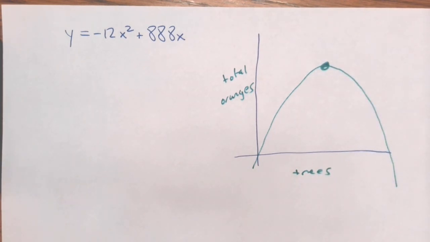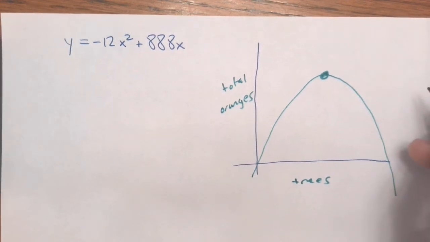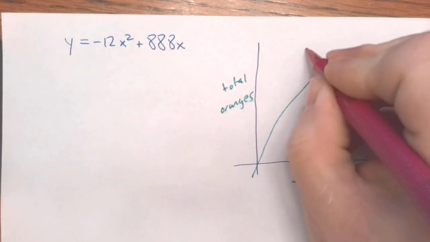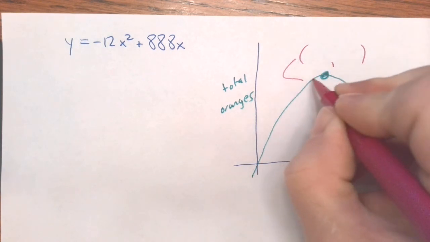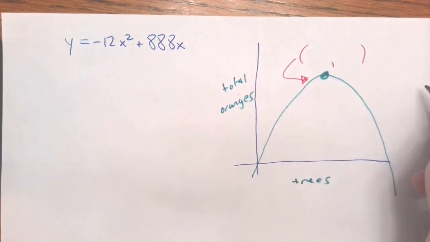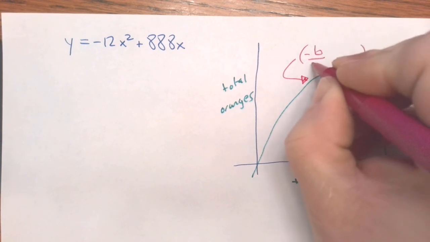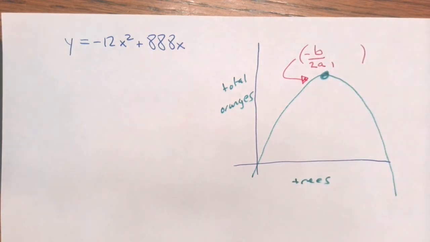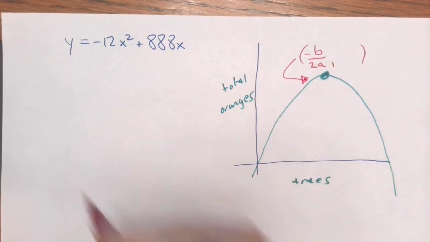And we have a way of calculating the vertex if we know our equation. This vertex here is an ordered pair, and the x-coordinate of the vertex, that is the opposite of b over 2a. So I'm going to use that formula to figure out the x-coordinate there.